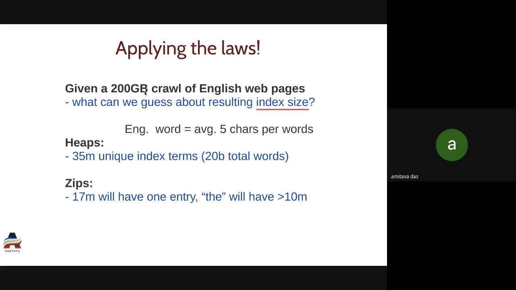If this many total words are there, then what would be the unique word count, because your index table would be unique words, or the total vocabulary in the corpus. If you estimate the range of the total vocabulary in your corpus, then you can calculate how much space it will occupy, and you can add that amount of cloud capacity every 18 to 24 months. So this is really helpful.